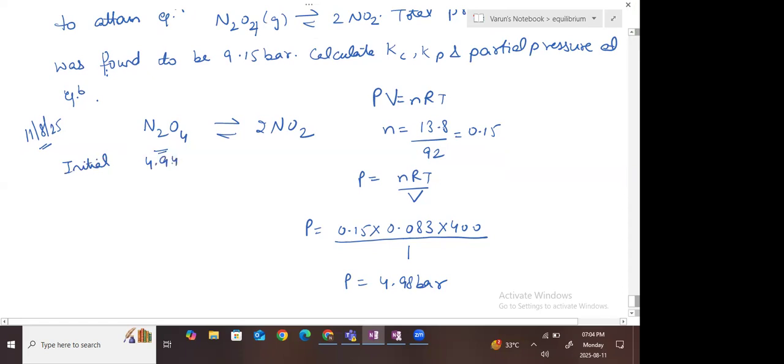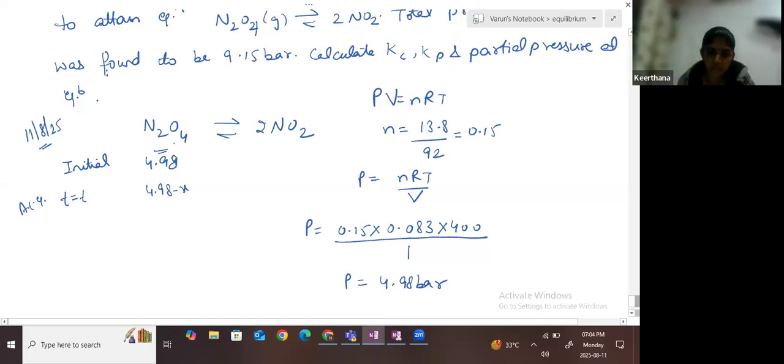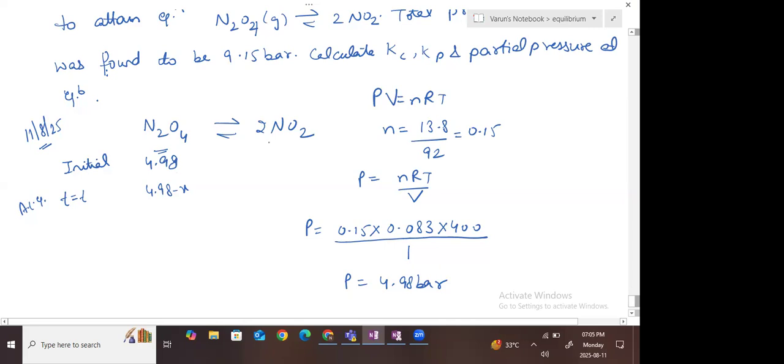It is 4.98. After time t, at equilibrium, I can say that 4.98 minus some pressure was there, because this is consumed. 1 mole is reacting to produce 2 moles. It means minus x is producing 2x.